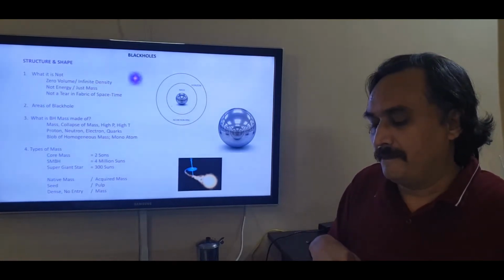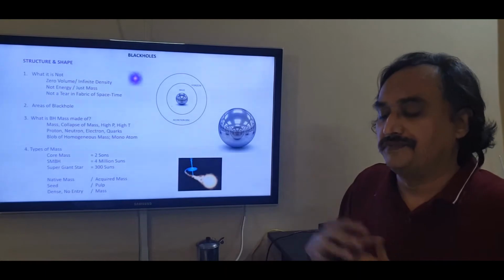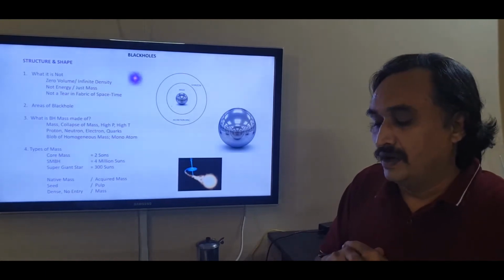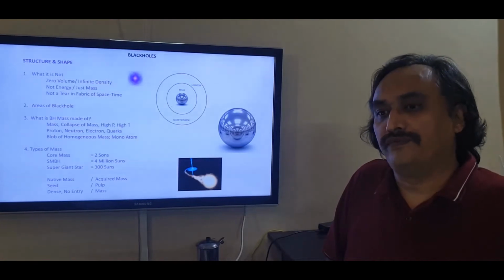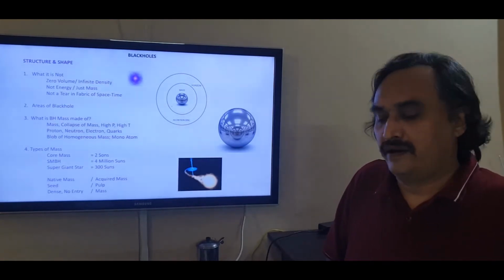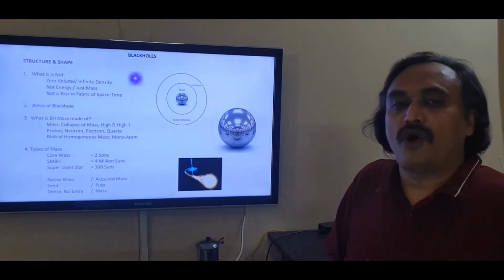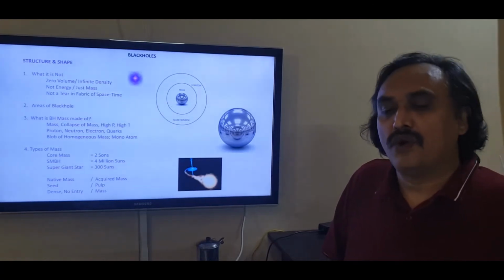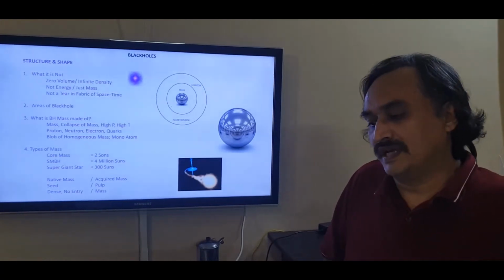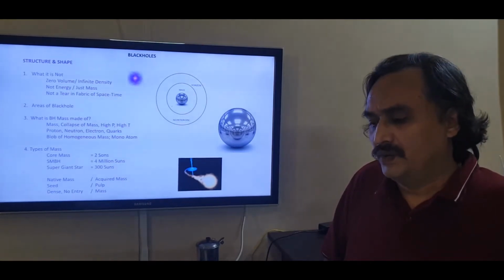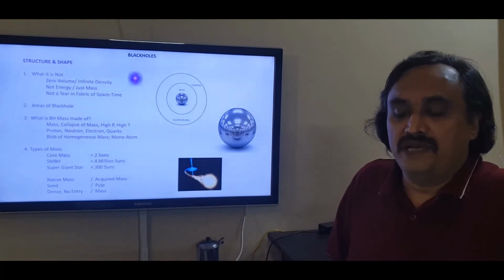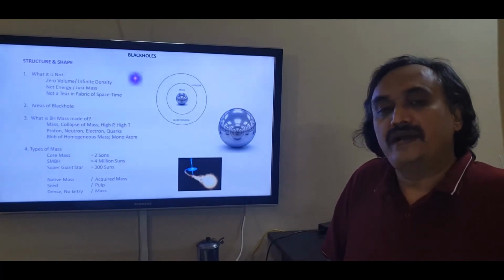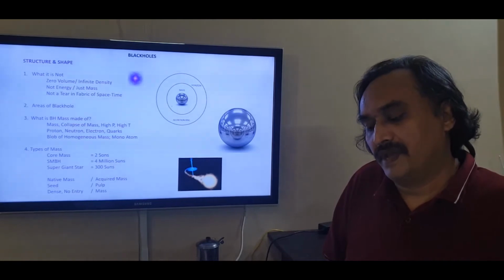And then why do we talk about the types of masses? Just now we learned that for a black hole to form out of a star, you have to cross the Chandrasekhar limit, which is a core mass equivalent to around 2 suns. But we have seen a supermassive black hole which weighs around 4 million suns. So where did all this mass come from?